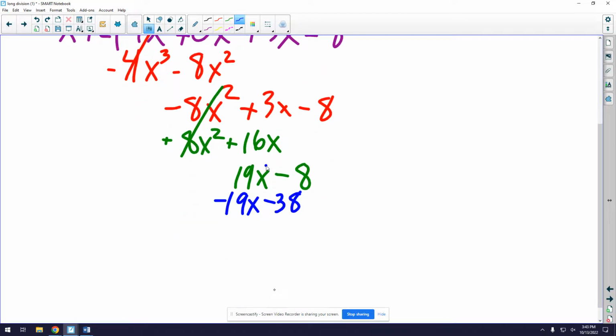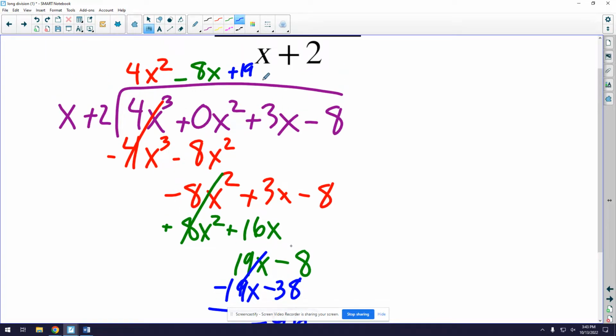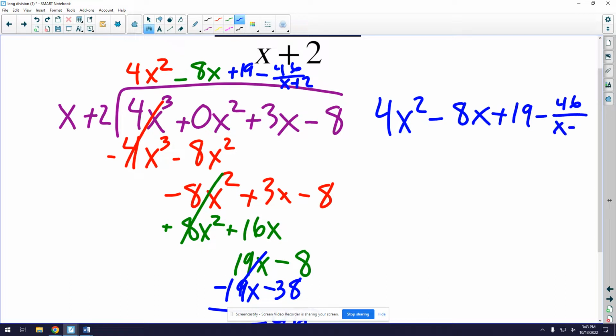My 19s are going to cancel. Negative 8 minus 38 gives you negative 46. Since you can't divide that by an x, there is your remainder. Your answer would be 4x squared minus 8x plus 19 minus 46 over x plus 2.